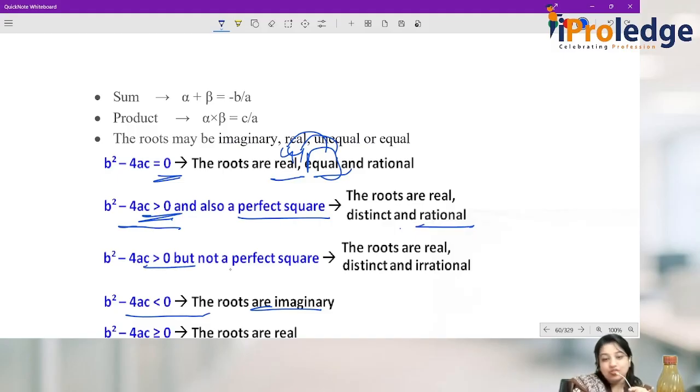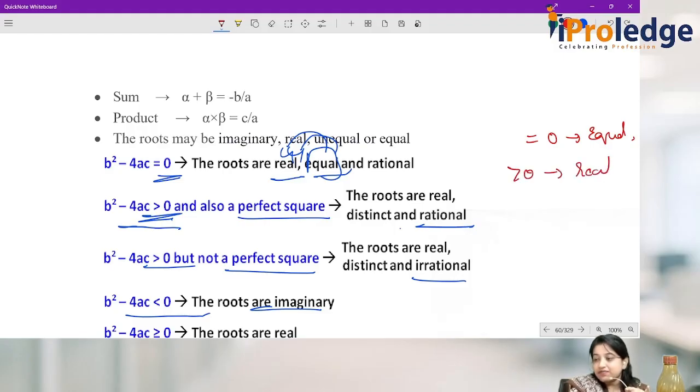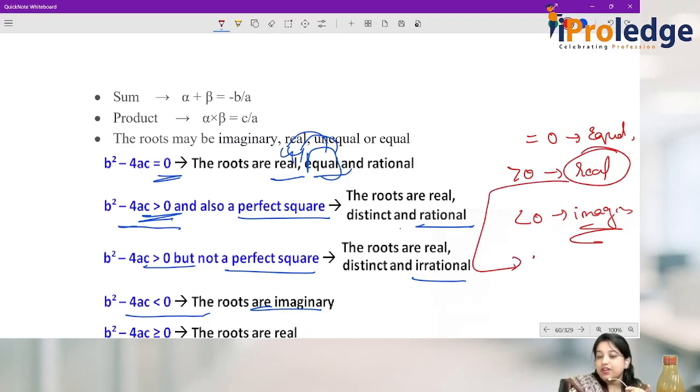Greater than 0 and not a perfect square, then irrational. Let me say it once more. Equal to 0 means equal and real. Greater than 0 means real. Lesser than 0 means imaginary, that is negative. And in real, 2 cases: perfect square is rational, non-perfect square is irrational. That's it.